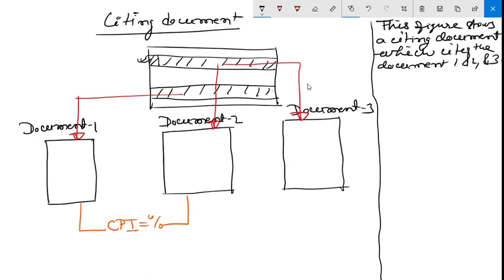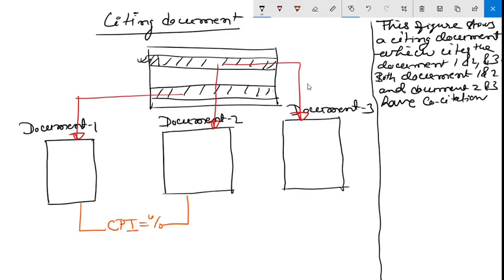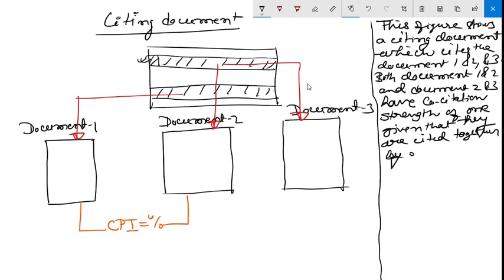Both documents 1 and 2 and documents 2 and 3 have co-citation strength of 1, given that they are cited together by exactly one other document.